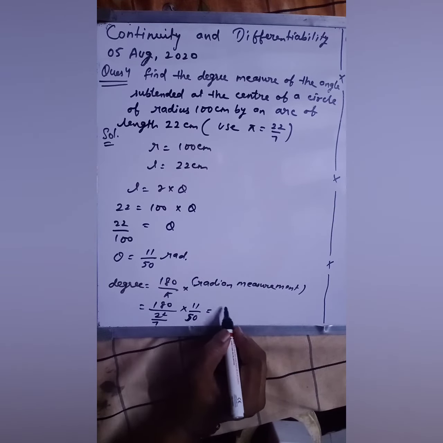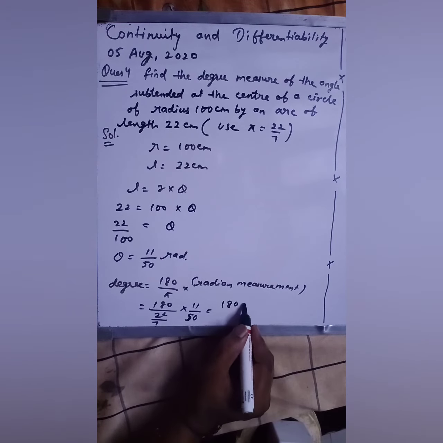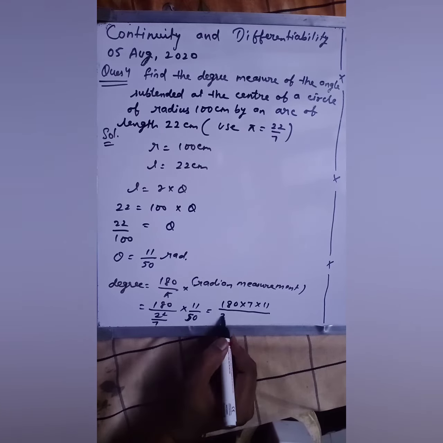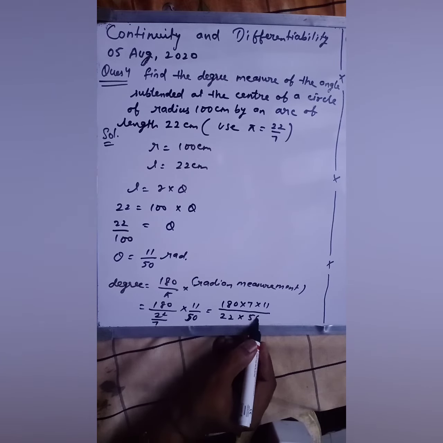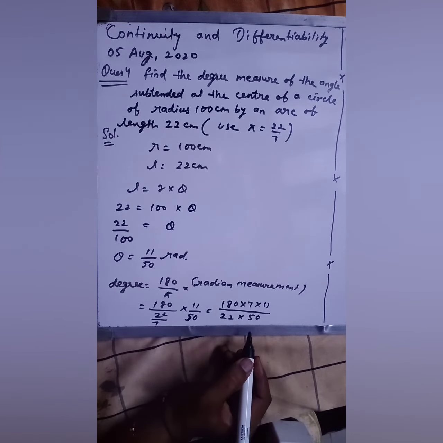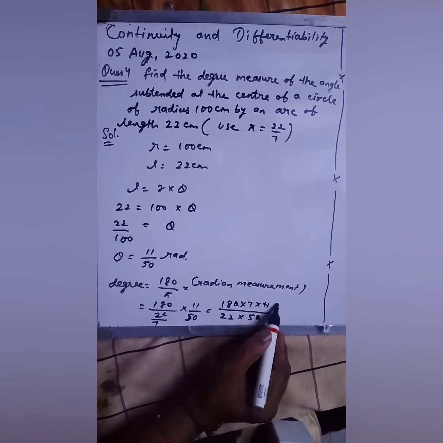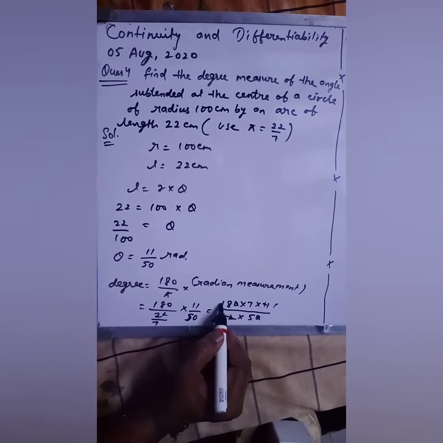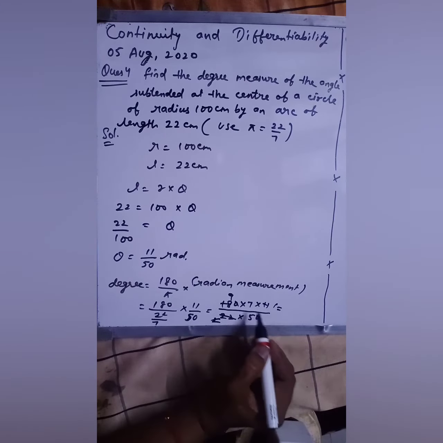Okay, and that would give you 180 into 7 into 11 over 22 into 50. Fine, this 0 and 0 you can cancel out, this 11 and this will cancel out, and this would be 9.